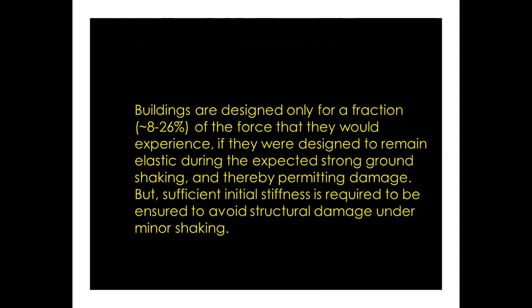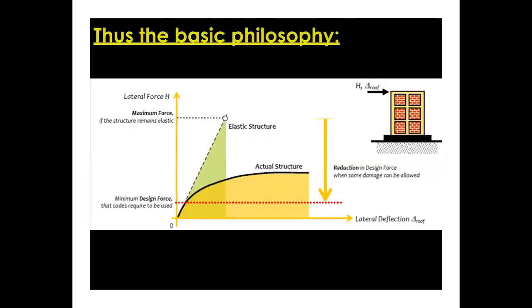Buildings are designed only for a fraction of the force that they would experience if they were designed to remain elastic during the expected strong ground shaking, thereby permitting damage, but sufficient initial stiffness is required to avoid structural damage under minor shaking, right? Thus, we consider the actual structure because we design it using earthquake load.